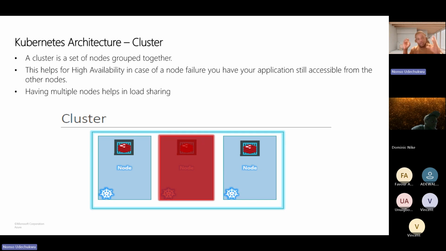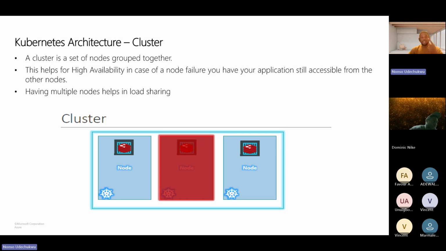The beauty of a cluster is that if one node should fail, or let's say I decide to update one node, all the services in that node move to the other nodes. That's the beauty of a Kubernetes cluster, having multiple nodes. Someone can ask, why don't you have multiple nodes in your environment? Again, it's a lab environment, something I'm using to test a few things I'm working on.